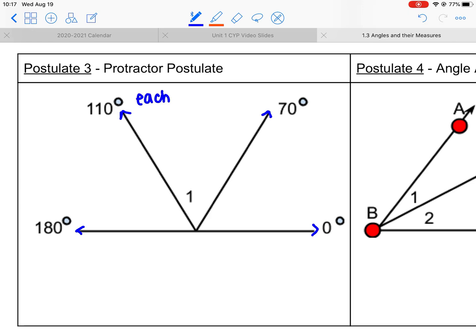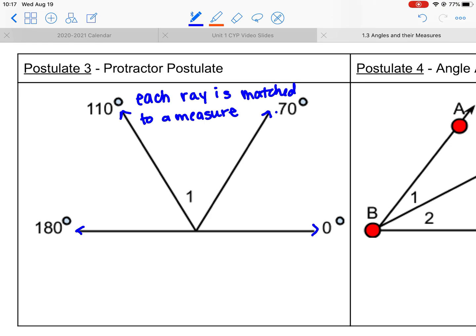So each ray is matched to a measure. And with that information, the measure of an angle is going to be the difference between the two measures that the rays are matched to.